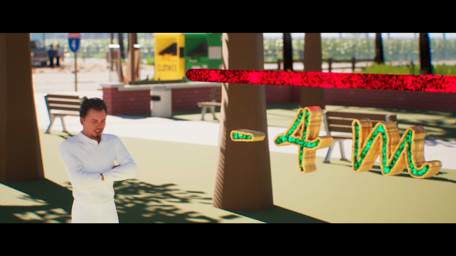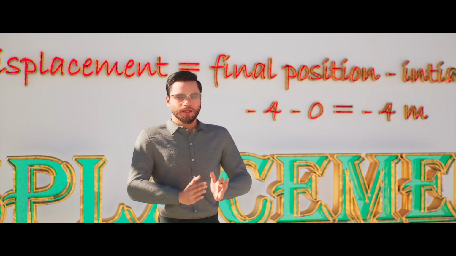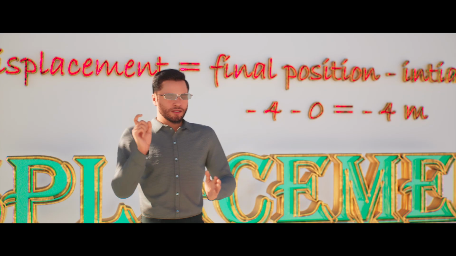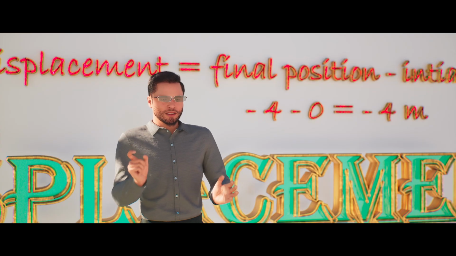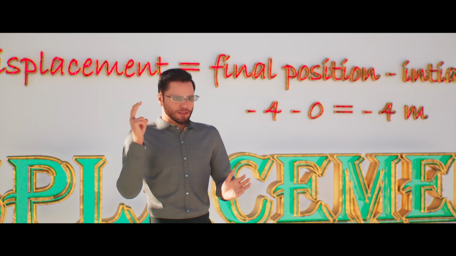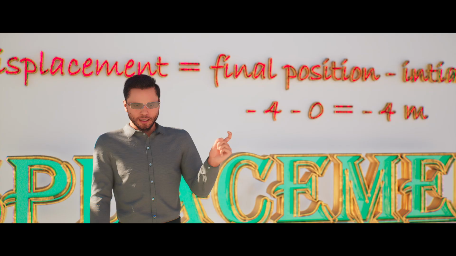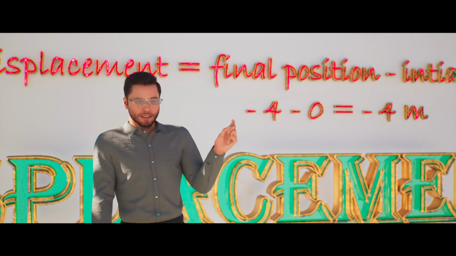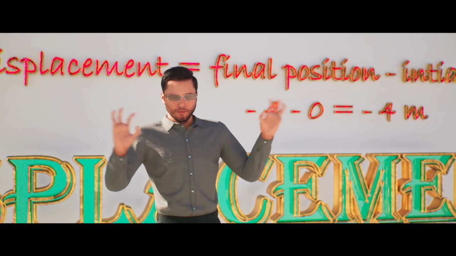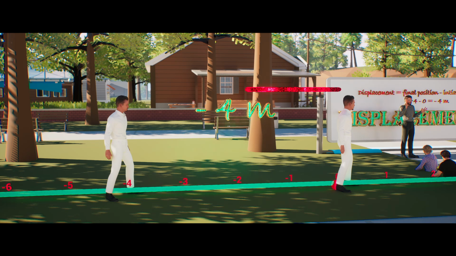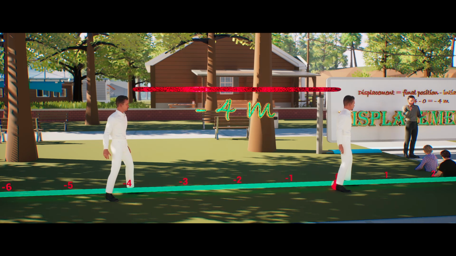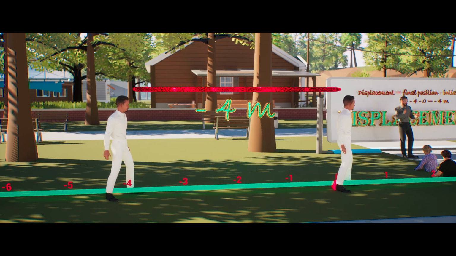Sir, what is this minus sign, sir? Good question, Abhi. The result of displacement will give us 2 types of information. The numerical number 4 meters tells us that we moved 4 meters from your initial position. This numerical number is called magnitude.